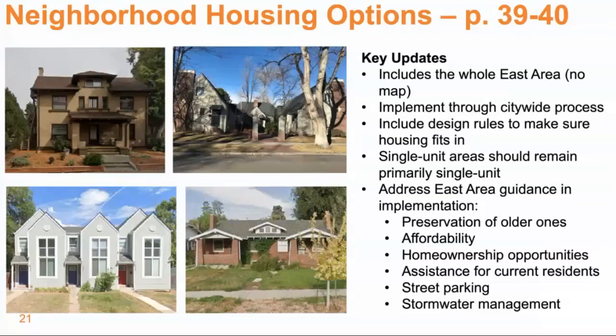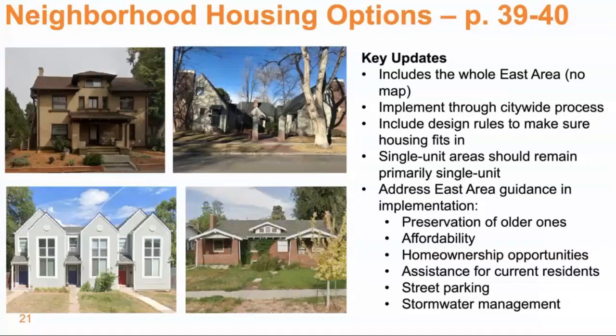We also heard that we don't want to only single out the East area, similar to the concern with just a few blocks, and that we don't want to funnel growth only into one area of the city. And so we have also made a recommendation that this integration of new housing options should not just occur in the East area.